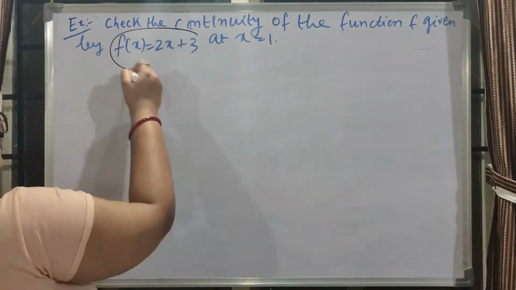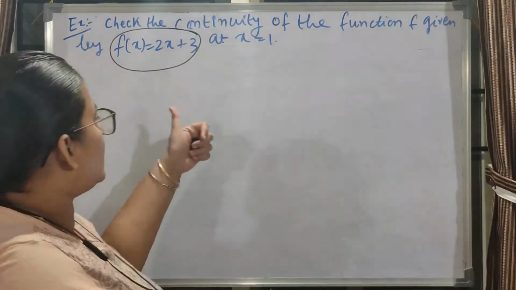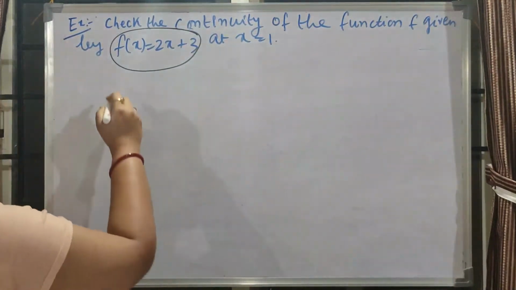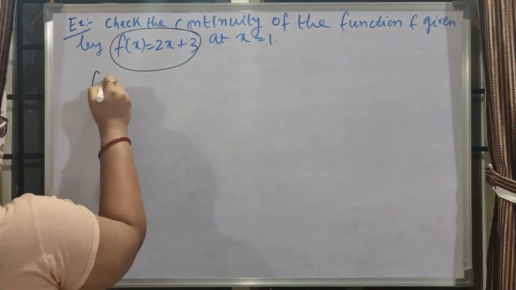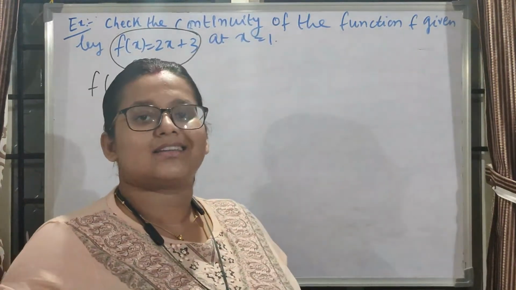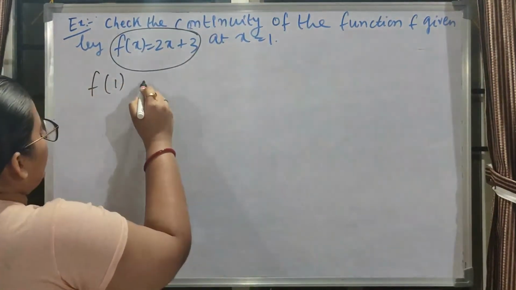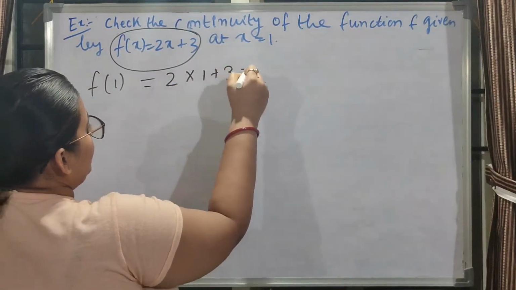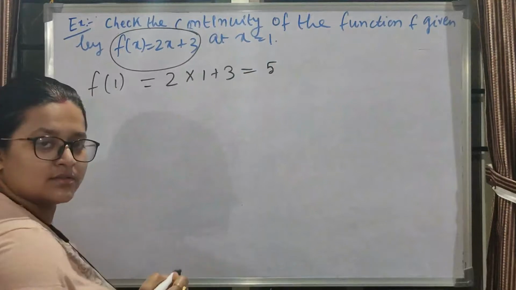Here one function is given. We need to check whether the function is continuous at x equal to 1 or not. Okay. So we'll find the limiting and functional value first. We'll directly substitute x equal to 1 in the given function. So f of 1 equals 2 into 1 plus 3, that is 5. Okay.